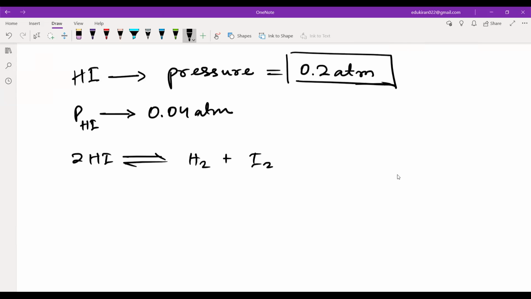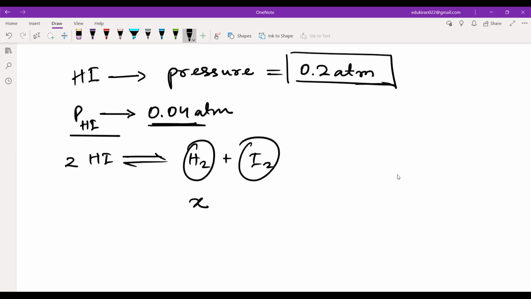Now I can say that PHI is 0.04. From this reaction, two moles of HI give 1 mole of H2 and 1 mole of I2. Can I say that the amount of H2 formed and the amount of I2 formed will be equal?